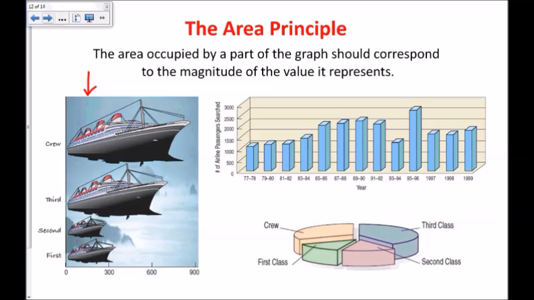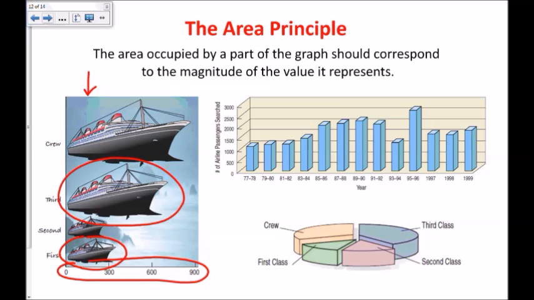The problem with this is that it's being stretched horizontally and vertically. The scale is here on the horizontal axis, and I'll take, for example, first class has about 300 people, and third class has about 600 people. Now that is double, so third class is roughly double first class.